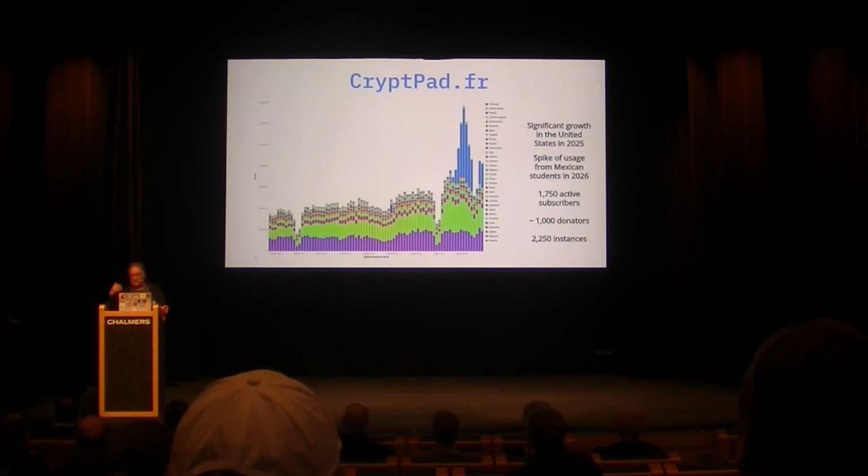We had a lot of access from single IPs, and we were not really understanding why. And I find it interesting to show this, because this led us to 5 million pads in a month. So more than 1 million documents opened by students in Mexico.